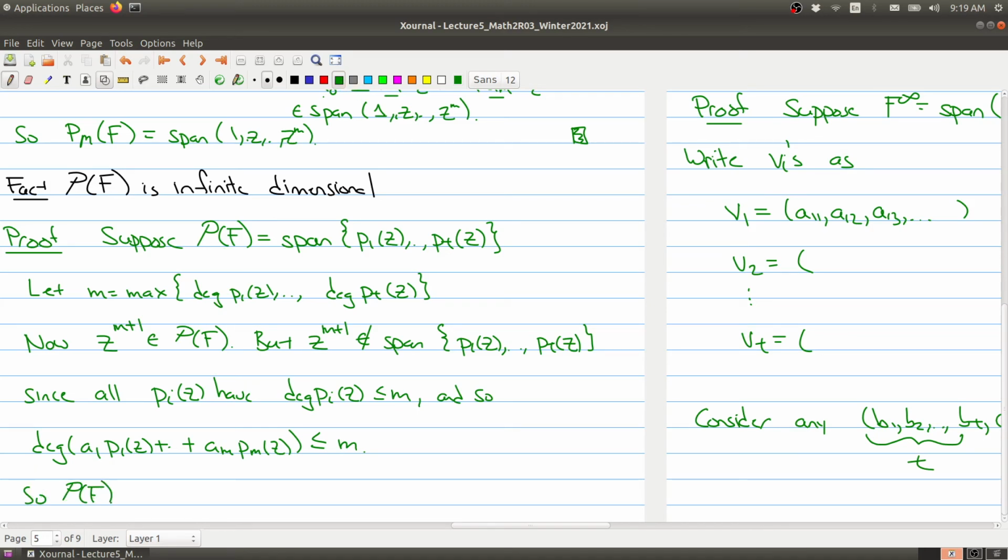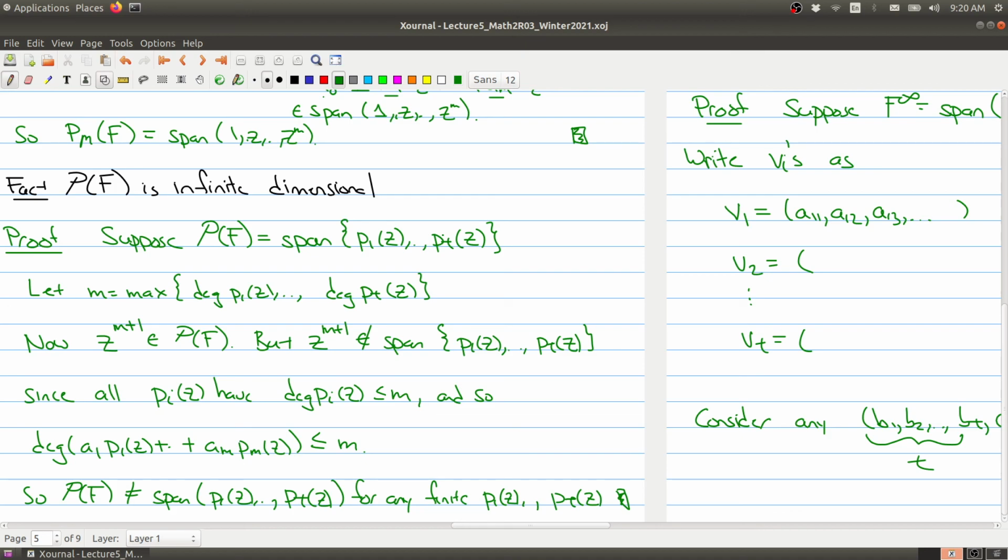So P(F) does not equal the span of p1(z) up to pt(z) for any finite list of polynomials p1 up to pt. So we used a proof by contradiction, said that if there is equality, then everything on the right-hand side can generate everything on the left-hand side. But on the left-hand side is something of degree m plus 1, and on the right-hand side, everything has degree less than or equal to m.